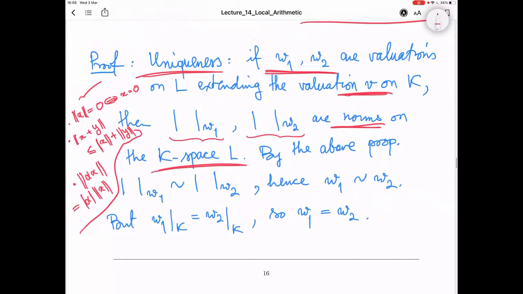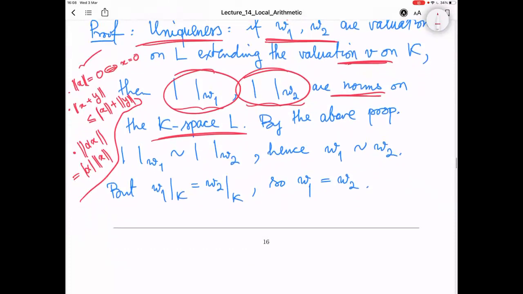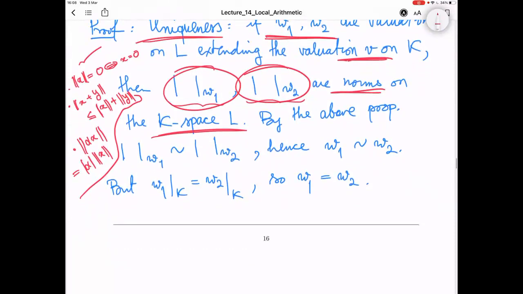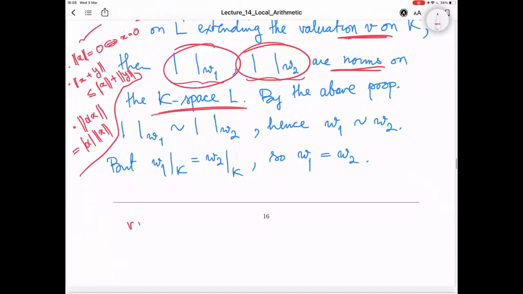Not quite these valuations themselves, but rather the norms associated with these valuations. Remember, we have discussed how valuations are related to what I called non-Archimedean norms.